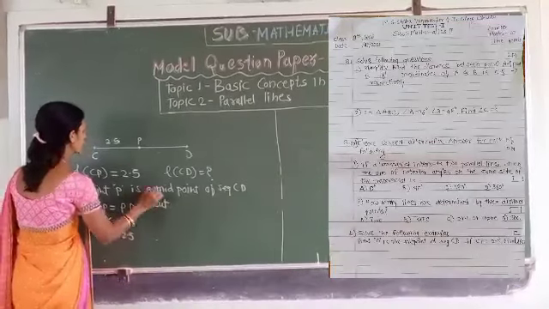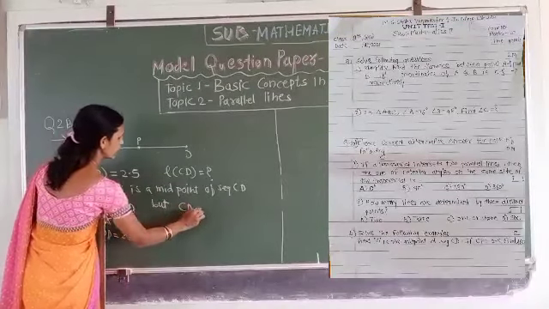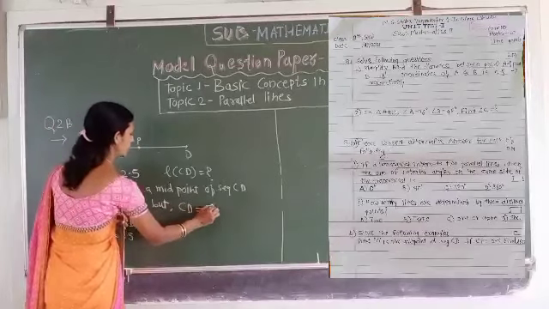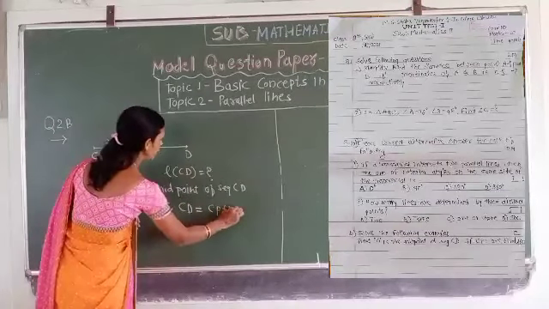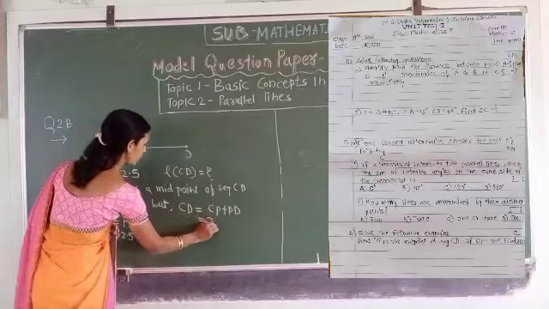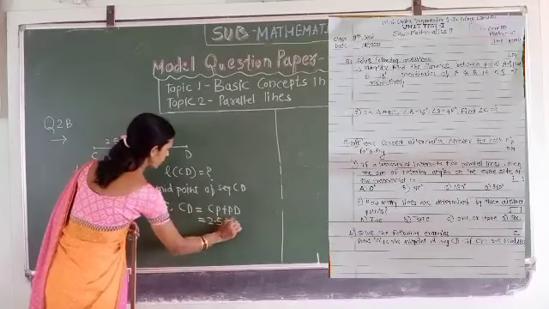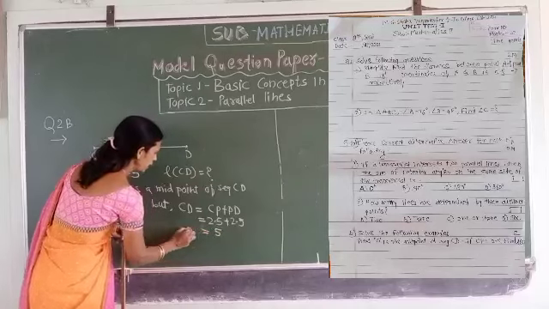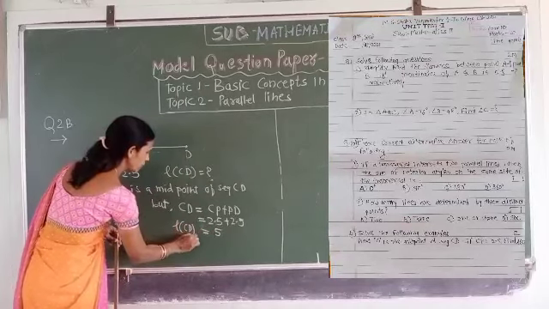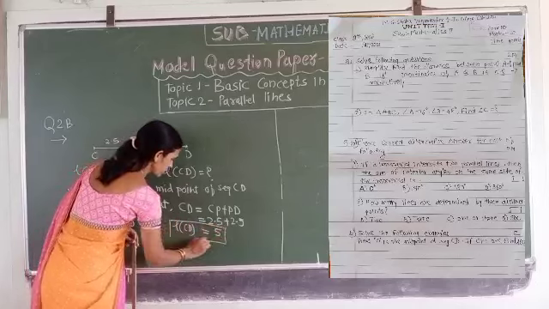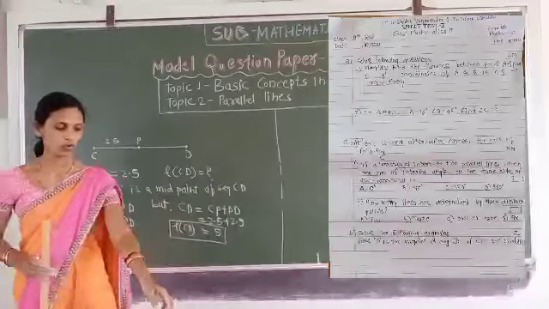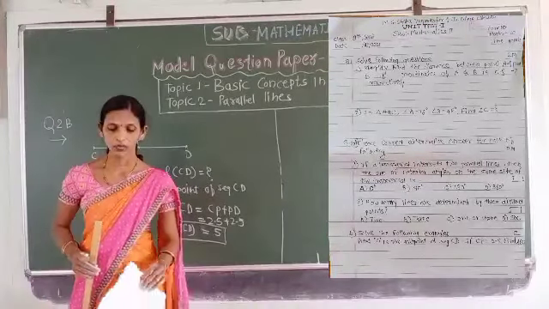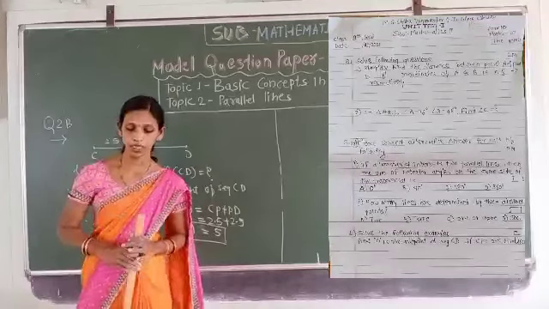But CD is equal to CP plus PD, and therefore CP which is 2.5 plus PD which is 2.5 units, so the length of CD is 5 units. That is the solution of the example which is given in question number 2b.